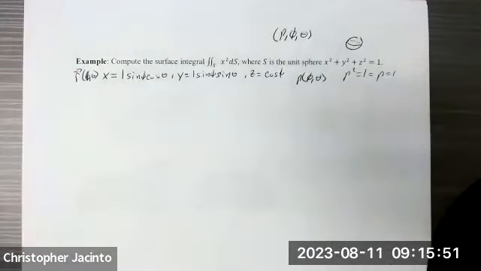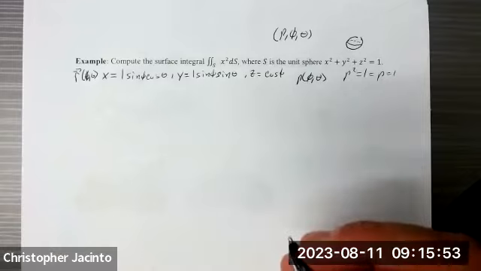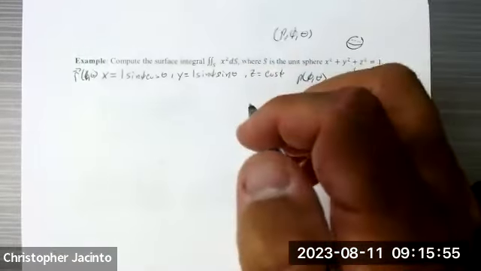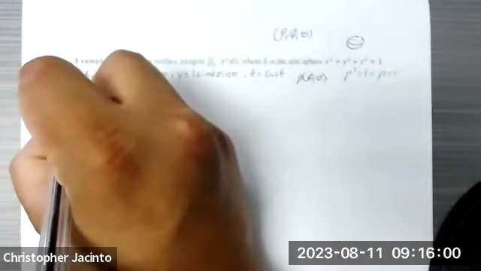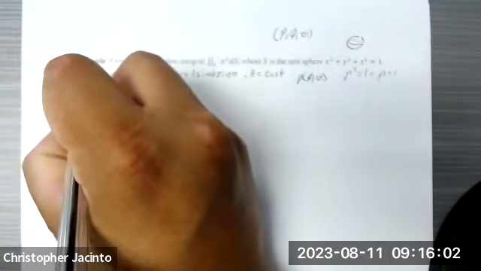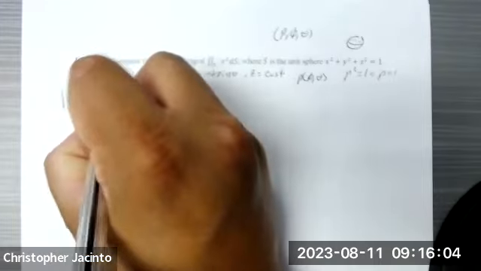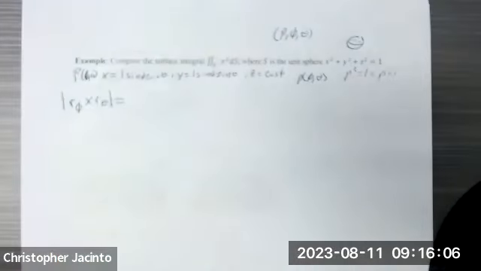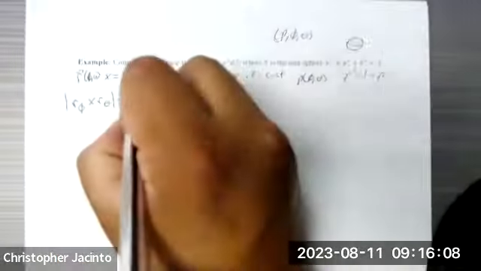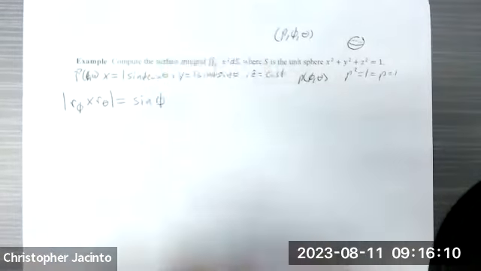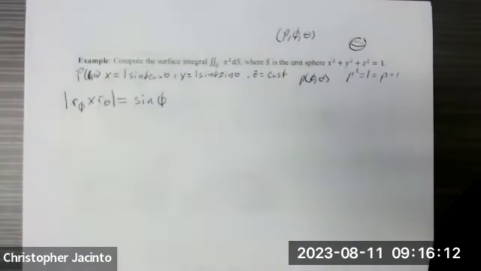We actually did this earlier, last section, so I'm going to skip that because of time. We found that this length is equal to sine phi, but our radius is 1, so it's just going to be sine phi.